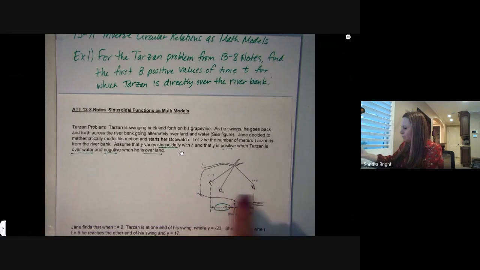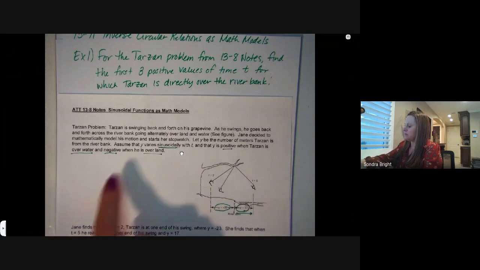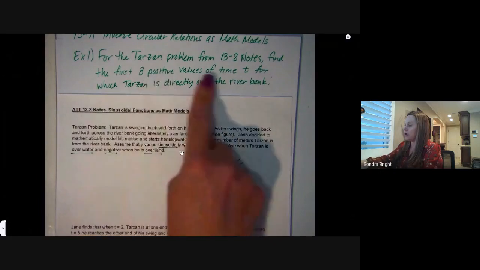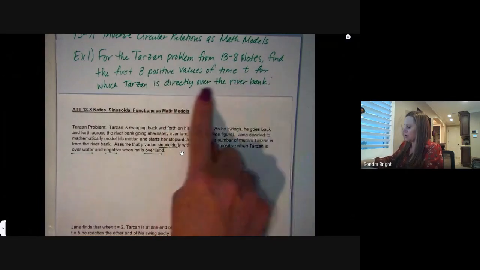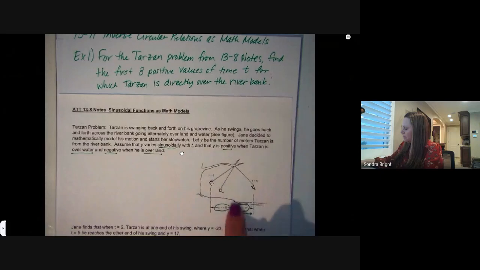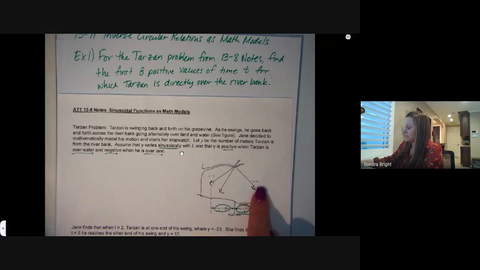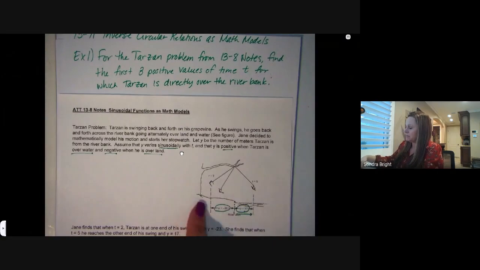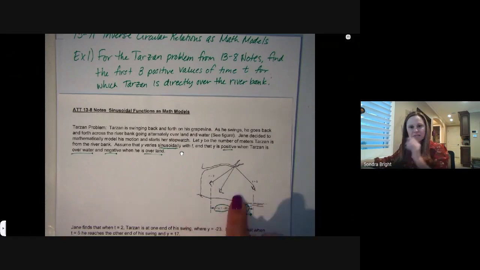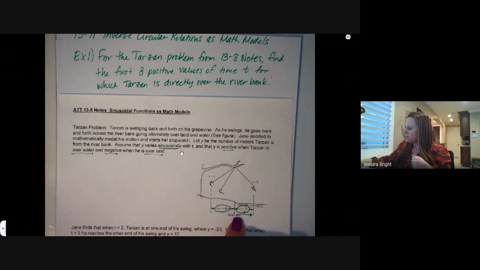So now what we're going to ask is the first three positive values of time t for which Tarzan is directly over the riverbank. When he's all the way over water, he goes to a maximum of 17 meters. We did negatives for when he was over land, as far as negative 23 meters, but right over the riverbank, y was measured from the riverbank, right?